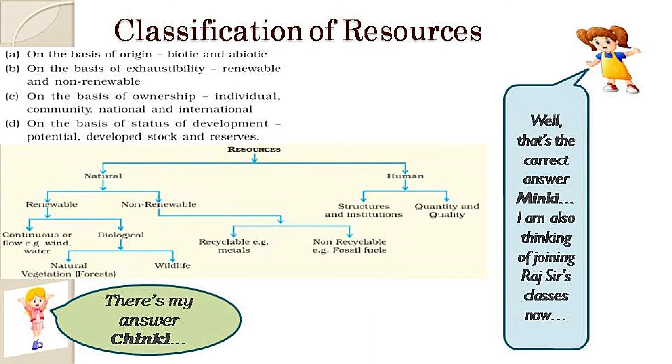Second, she has classified resources on the basis of exhaustibility, and the classification is renewable and non-renewable resources. Now, I hope you all know what renewable resources are, resources which can be renewed, replenished in nature, and vice versa, non-renewable are the ones which cannot be replenished. They have their limited stock and reserves inside the earth.